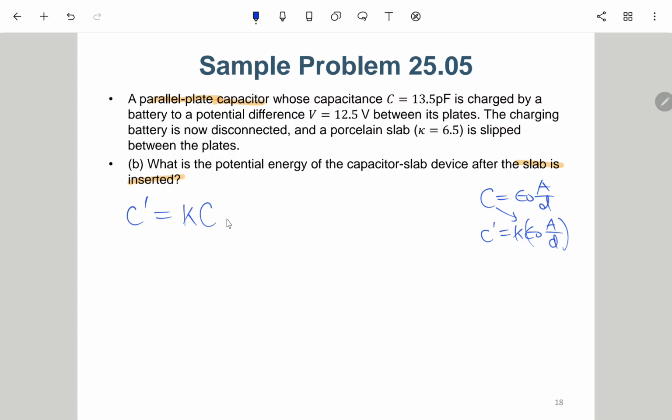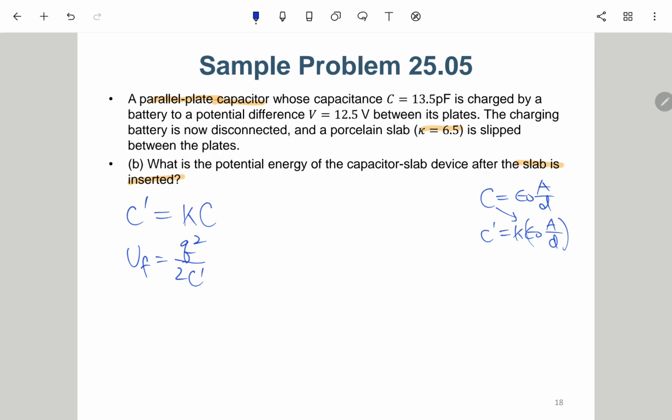Or as previously mentioned, after inserting the slab, the capacitance will be increased by kappa times. Okay, so you can also write C prime equals kappa C. So here UF will be 1/2 C prime, and then we have a Q squared.